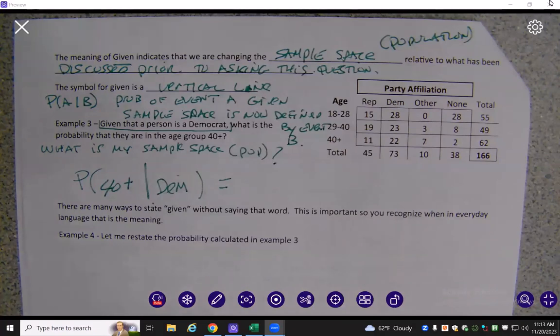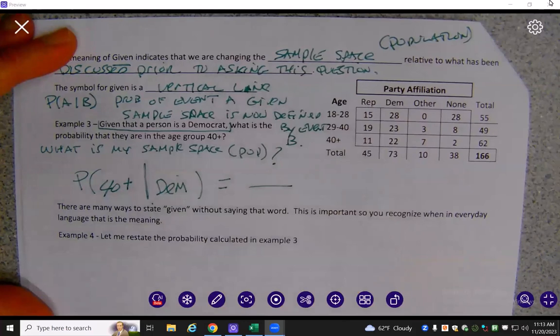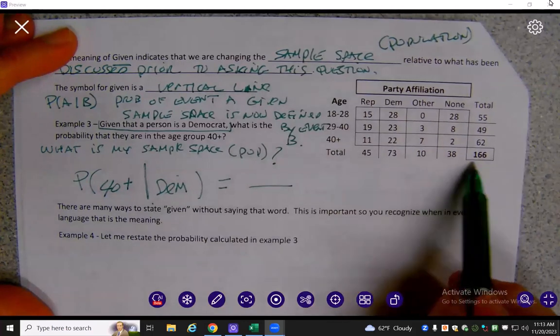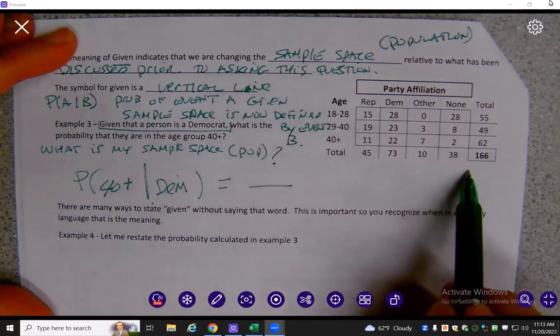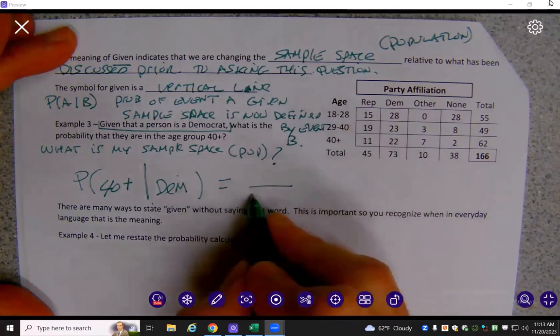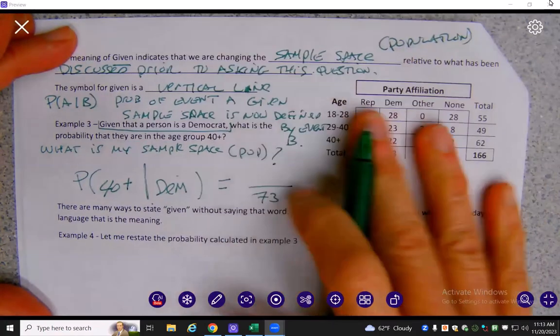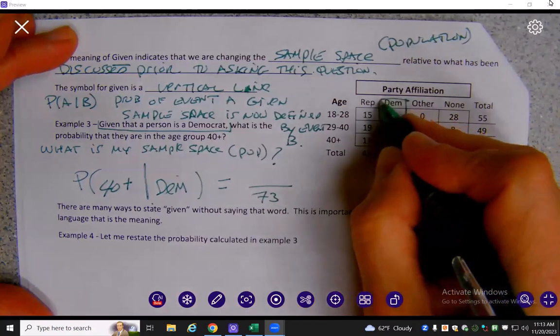So now all I need to do is calculate this. But what is my whole now? Am I dealing with all 166 people in this question? No. How many people am I dealing with in this question now? How many am I dealing with? That's right, 73. In other words, see this entire table? It's been reduced to just this column.